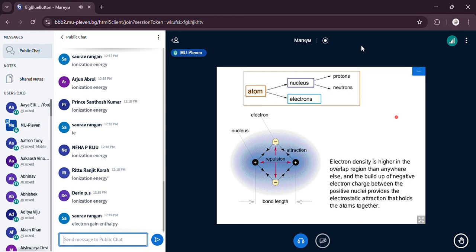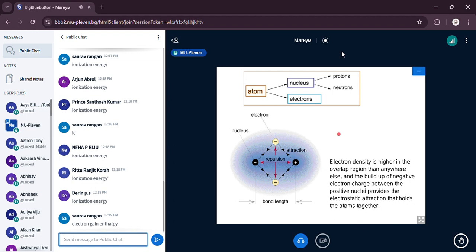Different types of interaction arise between bonding atoms. And you can see, if two bonding atoms are close to each other, repulsion forces arise between identically charged nuclei, and repulsion forces between identically negatively charged electrons.